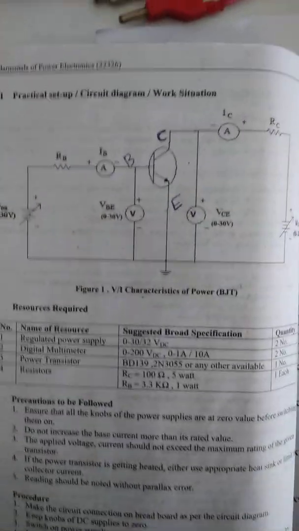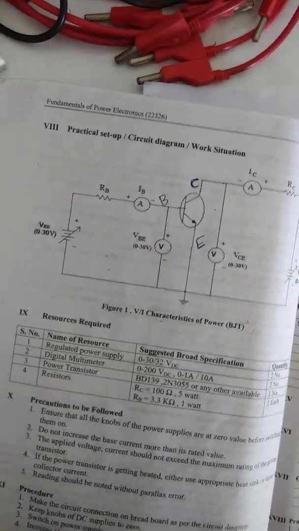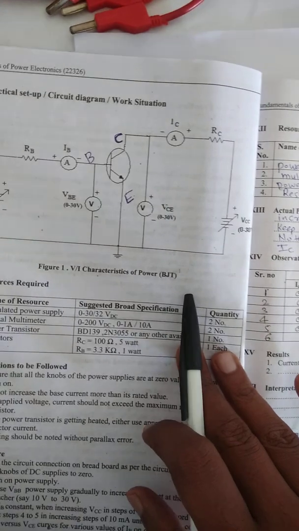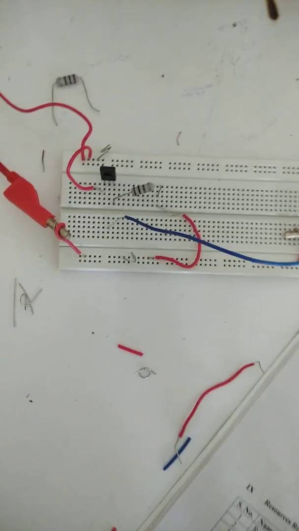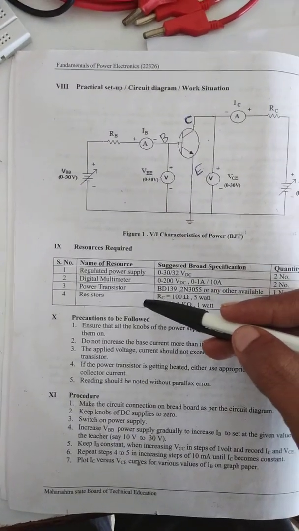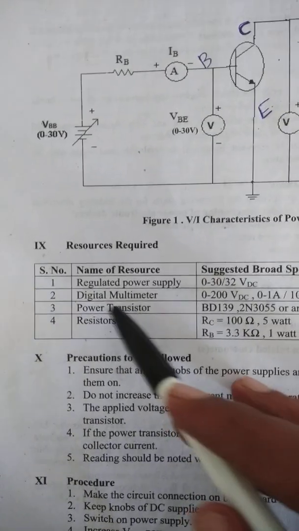For this purpose, refer this circuit diagram. We have to implement this circuit diagram. We have to build this circuit diagram on breadboard. So in this circuit diagram, various resources used are power transistor.